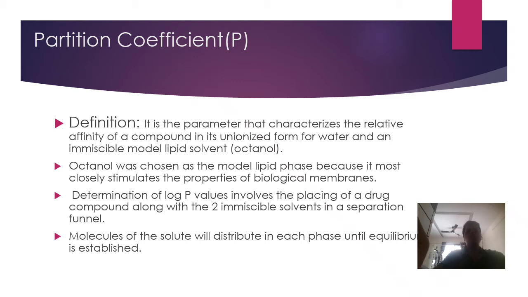The determination of log P value involves placing the drug compound along with the two immiscible solvents in a separating funnel. By doing the experiment in the separating funnel, we can find out the value of log P, and the molecules of the solute will distribute in each phase until equilibrium gets established.